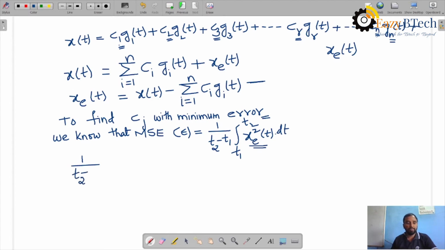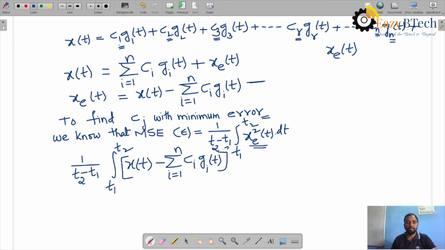So 1 by t2 minus t1 integral t1 to t2 of x of t minus summation i is 1 to n ci gi of t, whole square dt.